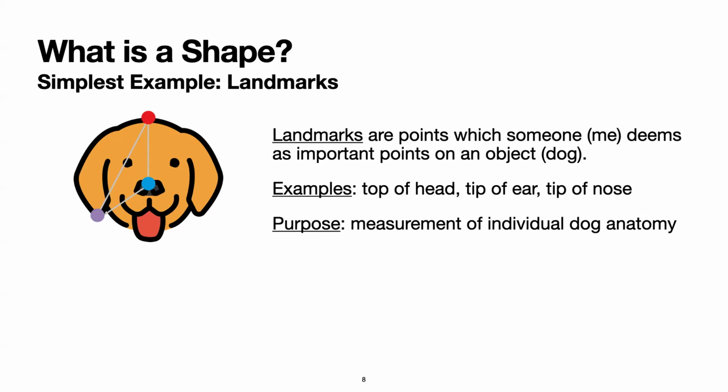So a landmark set is a set of individual landmarks which are placed on important objects on an entity. The purpose is generally to measure an individual dog anatomy or human anatomy or the anatomy of whatever you're studying.